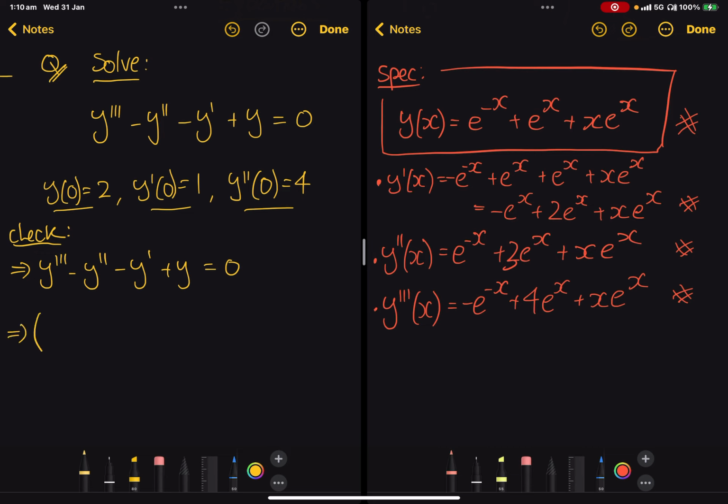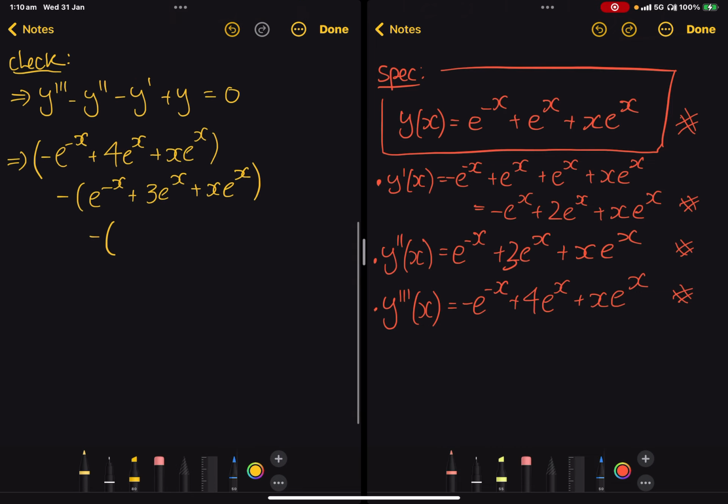This implies minus e to the minus x plus 4e to the x plus x e to the x, minus e to the minus x plus 3e to the x plus x e to the x, minus e to the x. Now we'll be very careful, this is minus e to the minus x, there should be a minus here.